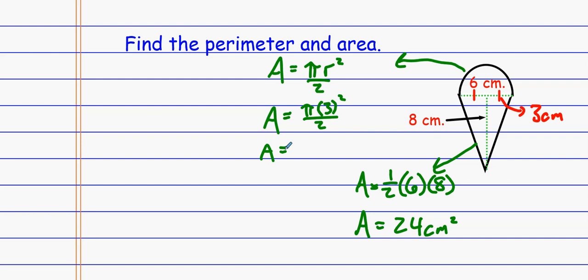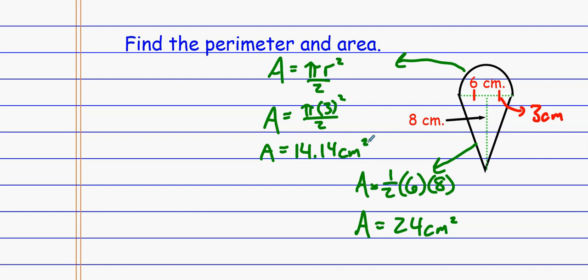But this is a situation where I don't want to leave it in terms of pi, because I have to add it to 24. And if I leave it in terms of pi, I won't be able to add that 24 to it. Okay, so I'm going to plug this one into my calculator. If I hit all the buttons and use the pi button, I get 14.14 centimeters squared.